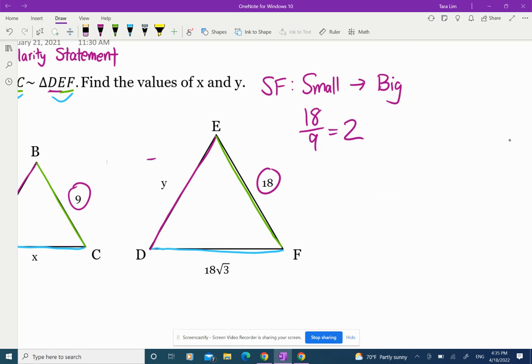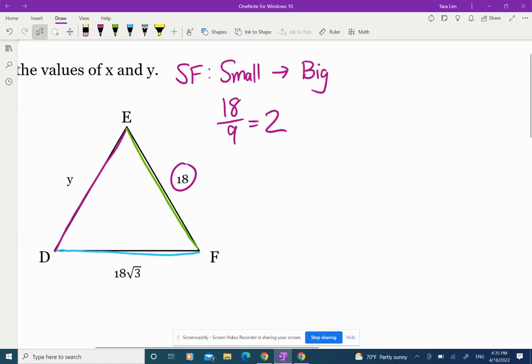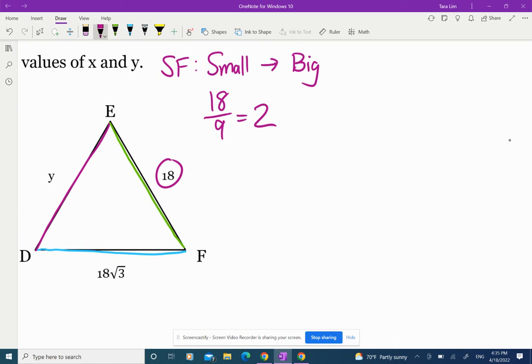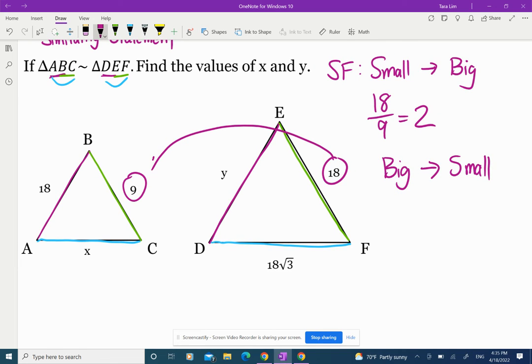If you want to check if you are correct, you can substitute 2 and see if the answer is 18. So we found the scale factor from small to big, and we want to work everything from small to big. But if you personally like to do it from big to small, you can also do it that way. From big to small, 18 times something is going to be 9.